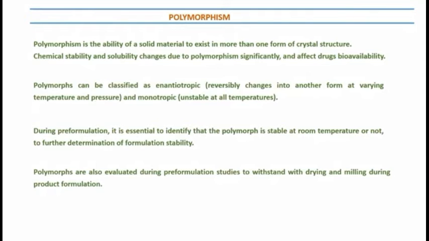And also hygroscopicity, heat capacity, solid state reactions, compression characteristics and conductivity. So these are the properties of polymorphs, and polymorphs differ from each other with respect to all these physical properties.